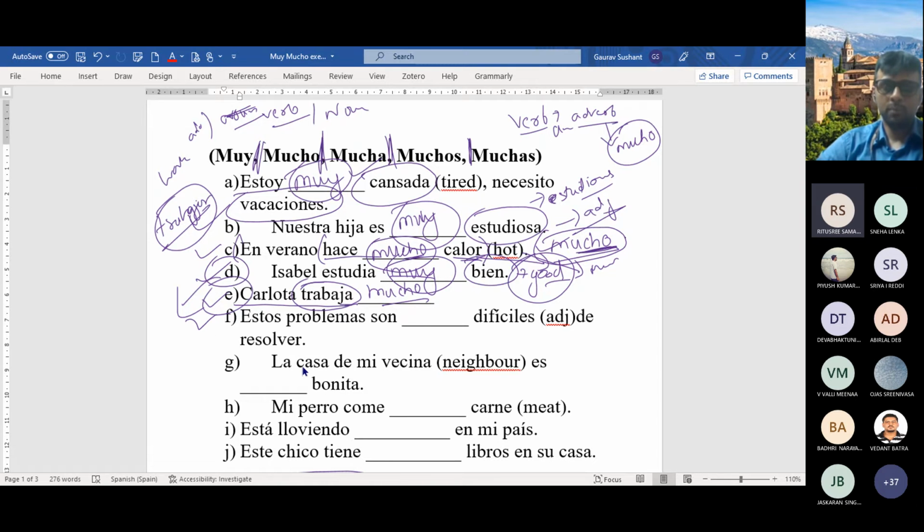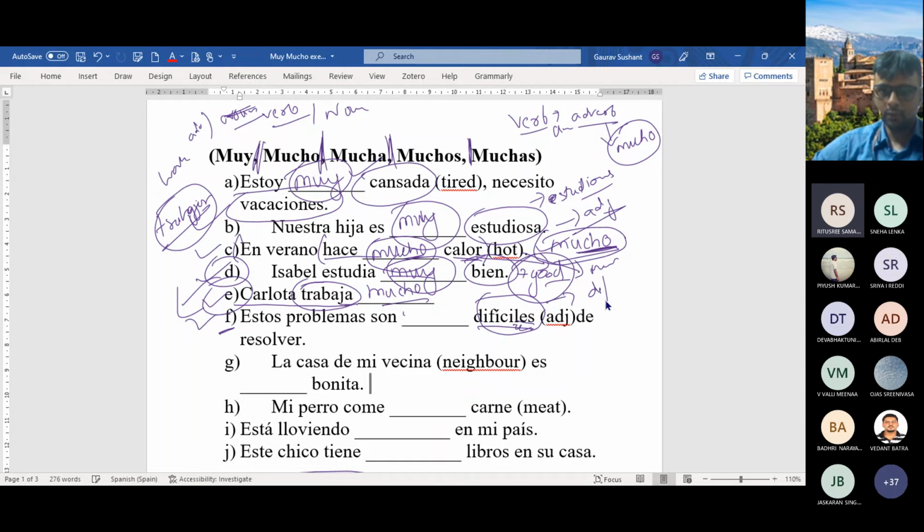Number F, estos problemas son. Now let me ask the previous people. Ritu Shri, can you try? Sir, muchas. Estos problemas son muchas difíciles de resolver. Now, difíciles, did you get the meaning?